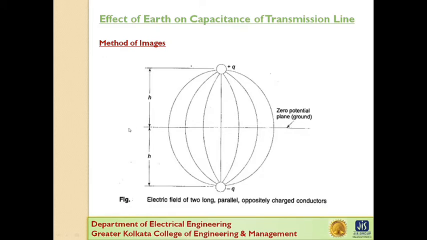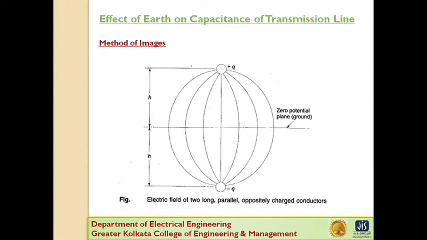Now if a conducting sheet of infinite dimension is placed at the zero potential plane, the electric field remains undisturbed. Further, if the conductor carrying minus q is now removed, the electric field above the conducting sheet stays intact, while that below it vanishes.